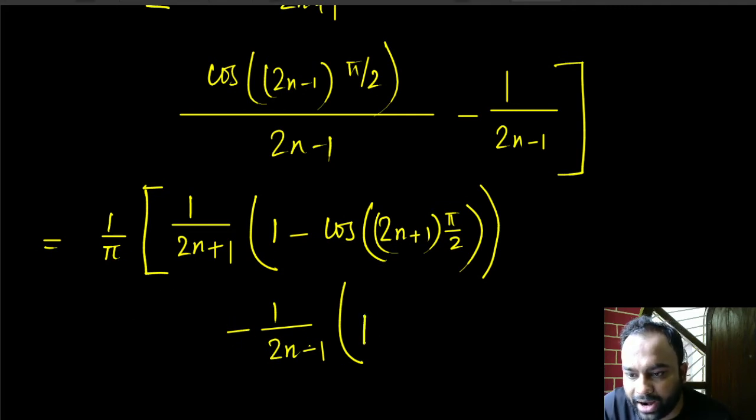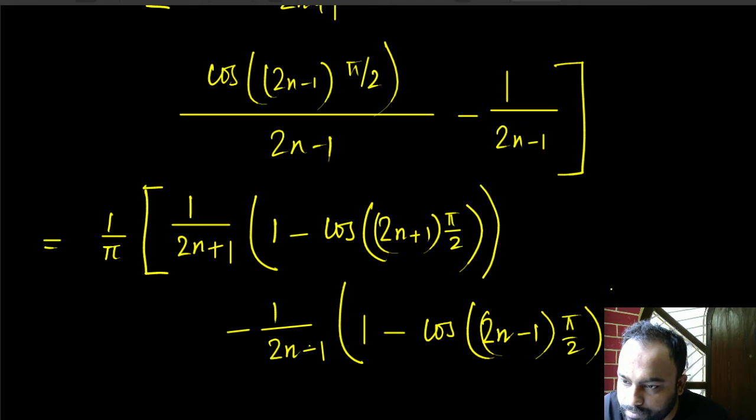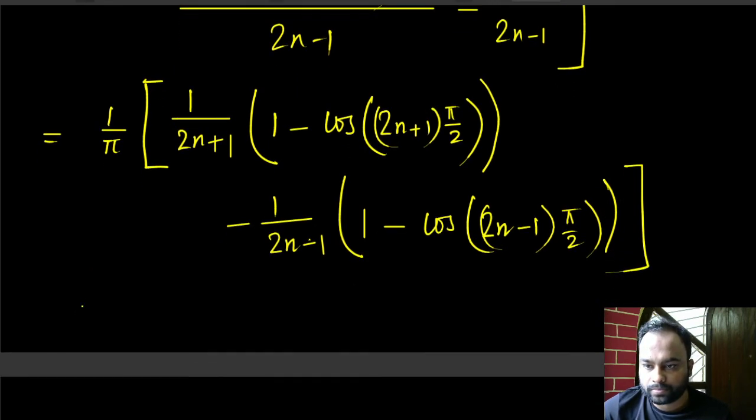So I would have 1 minus cos of (2n minus 1) pi by 2, right.